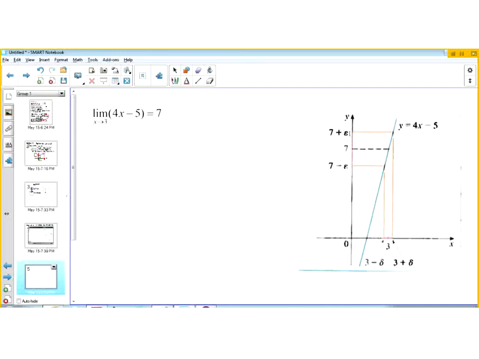And of course we want to find delta for any epsilon greater than 0. So if we presume that such a delta exists, then this is what would happen.